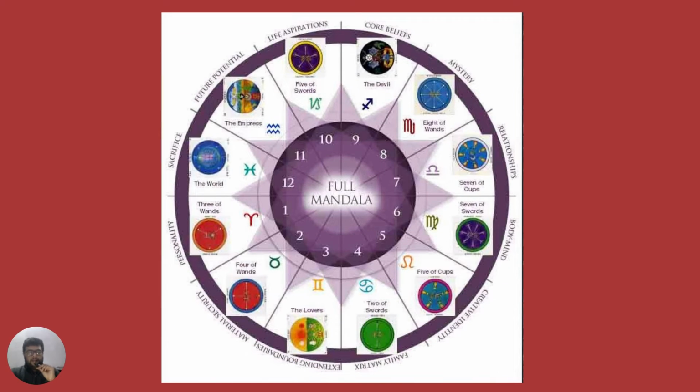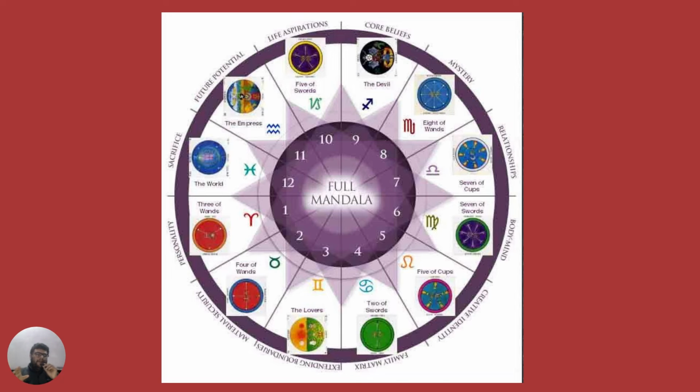Next is the mandala spread. Mandala spread is also a zodiac based spread, but it also represents the directions, like the upper part represents north, south, east, west. So it represents your life altogether.